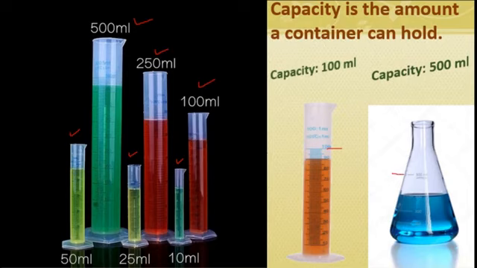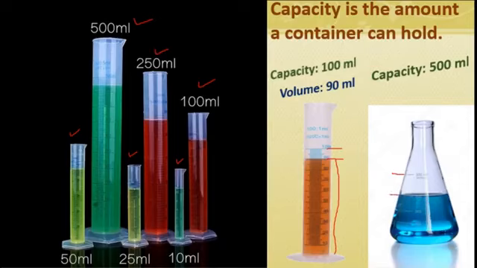Now I will tell you about the volume. The volume of the cylinder is 90 ml. You can see here the liquid is up to 90 ml. That is the volume of this liquid. And see in this flask, the volume of the liquid is up to here.